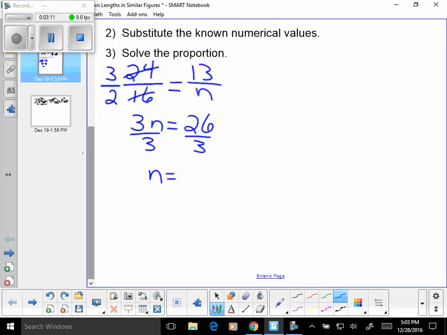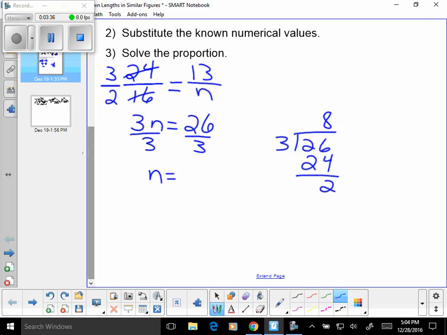Now, when I do the division of 3 into 26, I'm going to get 8, 24, and a remainder of 2. Now your instinct is to do that with a calculator, and you're going to get 8.66666666666667, and you're going to want to put 8.6 repeating.